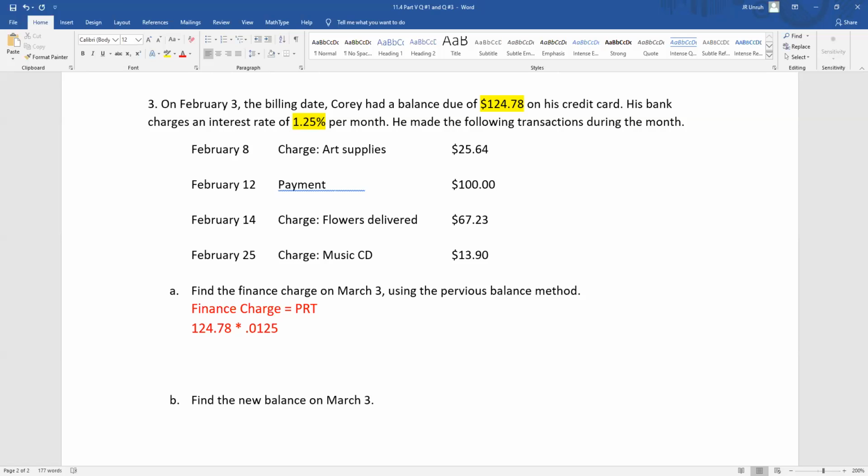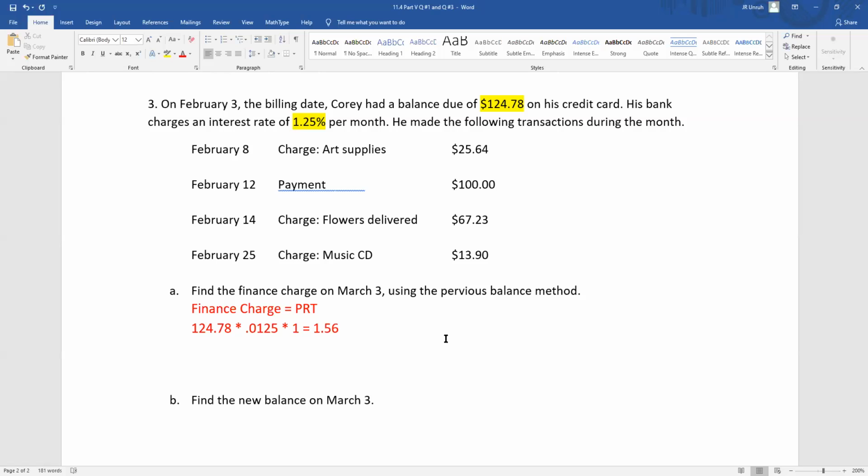So we end up with 0.0125. The principal is the previous balance, 124.78. The rate is 0.0125. The time in this case is simply one, 1 month.